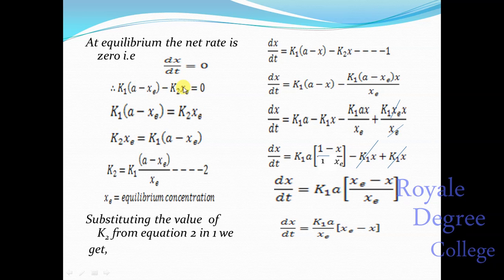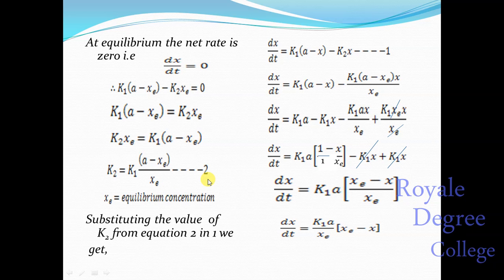So next, K1 (a minus xe) is equal to minus K2 xe, and we bring it to the other side, so it will become plus. Then K2 xe is equal to K1 (a minus xe), like this also we can write. Now this xe we bring to the other side, so it goes to the denominator. K2 is equal to K1 (a minus xe) divided by xe. It is our equation number 2.